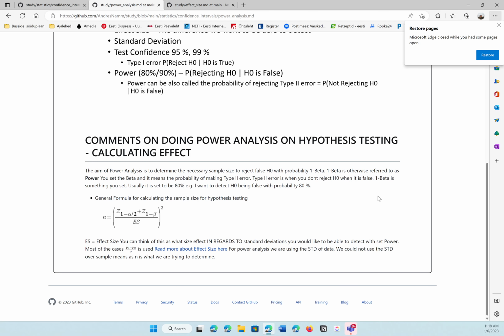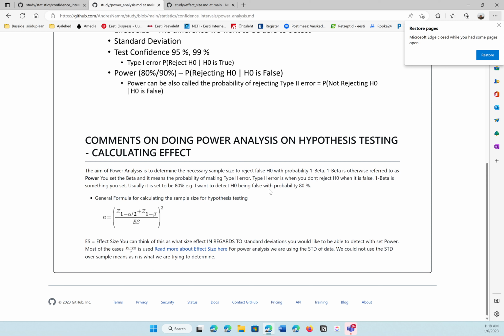And I've written a tiny tutorial here as well on this topic. It's just an introduction to power analysis and this effect size.